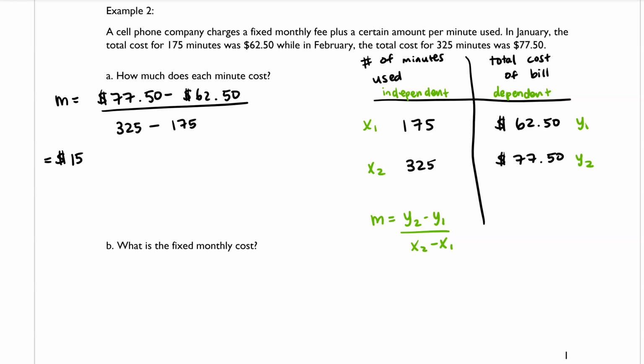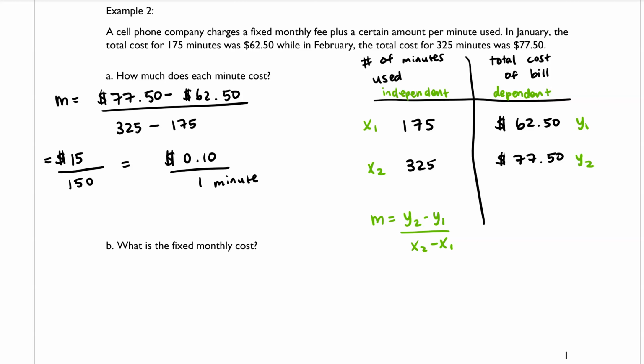So that ends up coming to $15 for every 150 minutes. If you simplify that, that is basically saying that it will cost you 10 cents for every 1 minute.